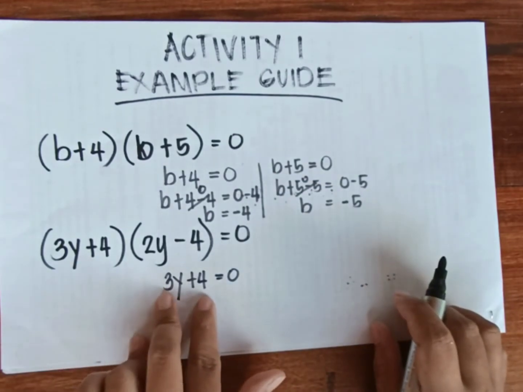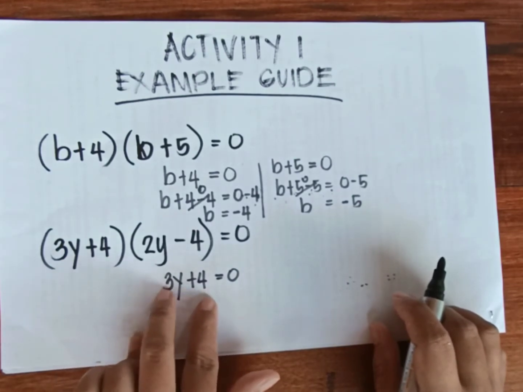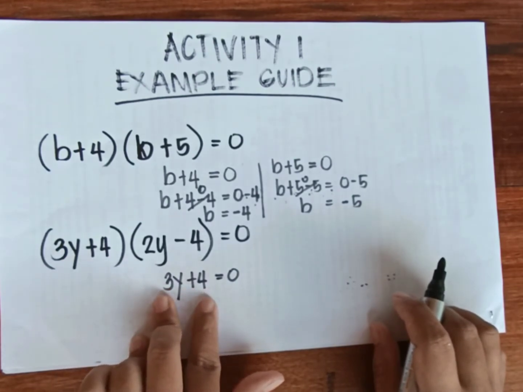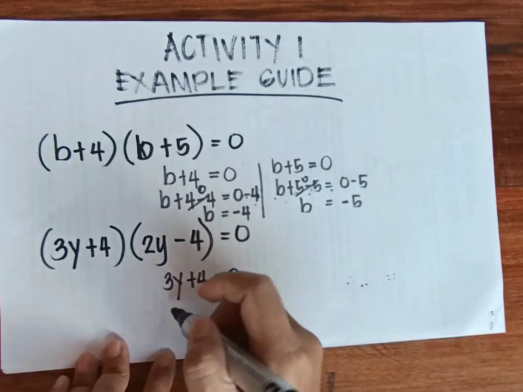So, in here, same procedure, remove the terms beside the variable. Only the variable or letter should be left on the left. So, what do we remove first here? Yes, always remove addition and subtraction before you go to multiplication or division. So, let's remove 4 first.